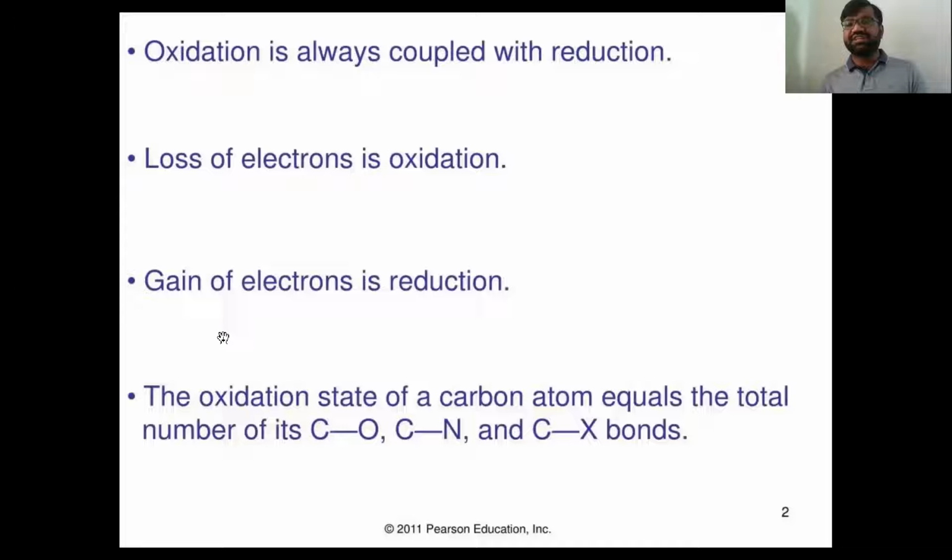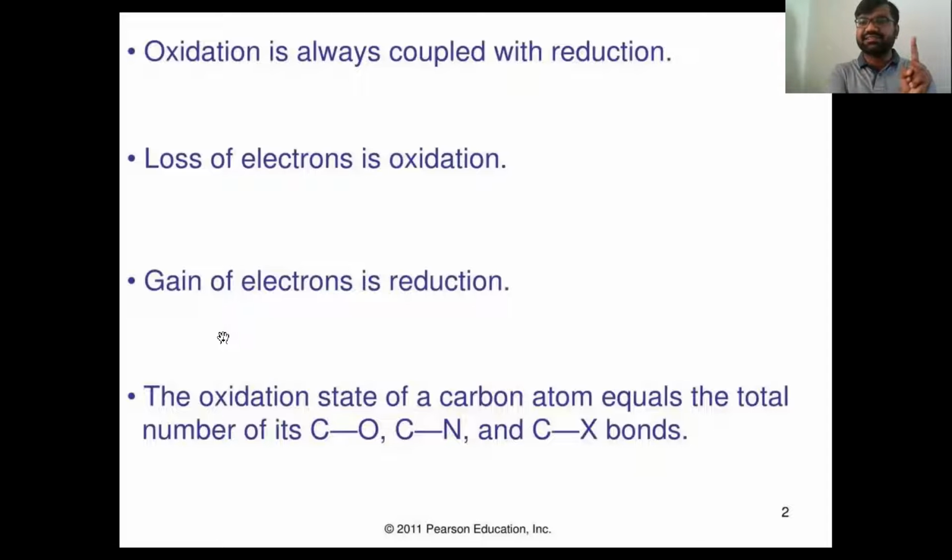Oxygen addition is oxidation, oxygen removal is reduction. The same definition we can also give in terms of hydrogen. Addition of hydrogen is termed reduction, and removal of hydrogen is termed oxidation. We have to mind the difference very well.